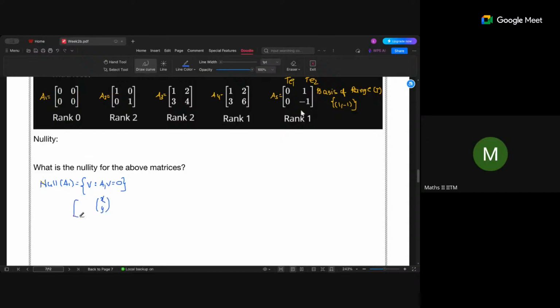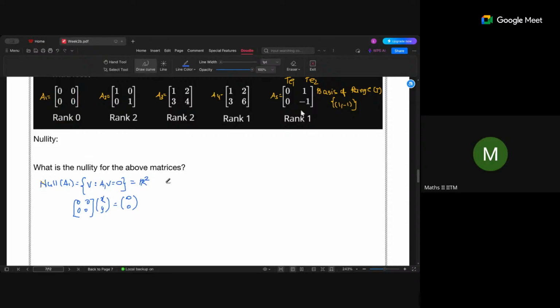I am multiplying with the 0 matrix. What will I get? 0, 0, right? So it means any vector v is possible. So the answer is all possible vectors, the entire R2.